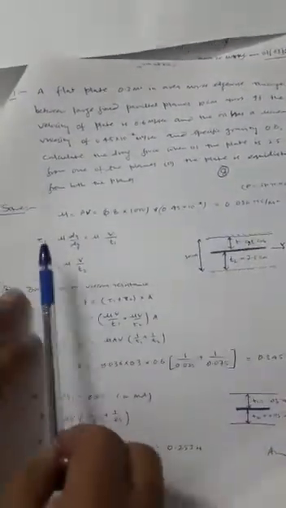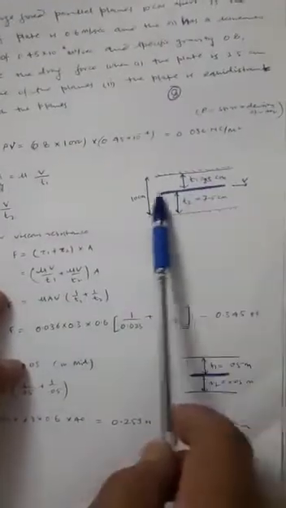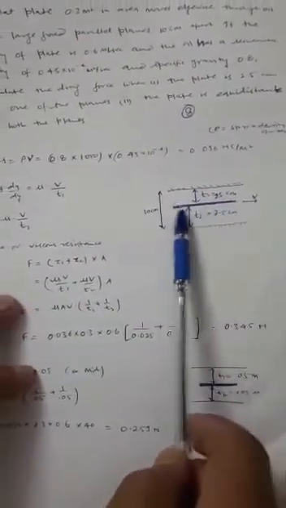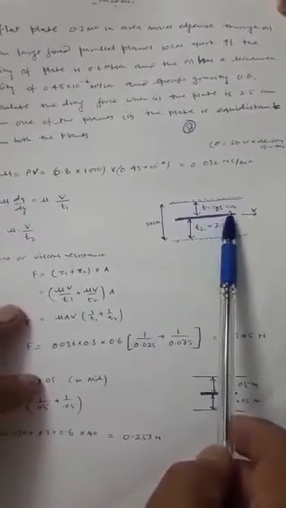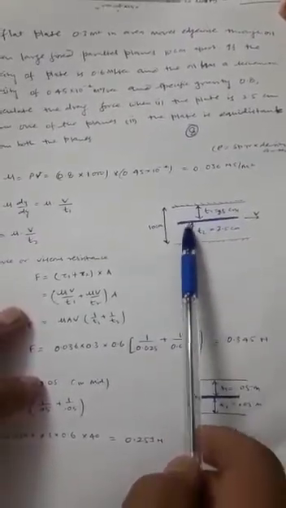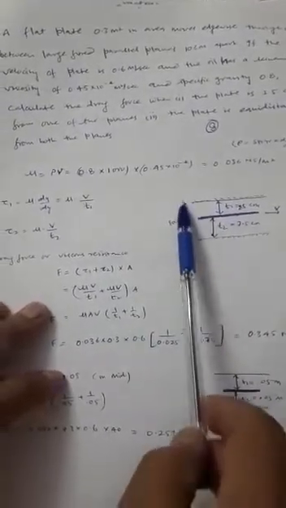We know that tau. This is the diagram. This is a plate. This plate has a distance from the upper layer of 2.5 centimeter. From the lower layer, it is 7.5 centimeter. Total distance between the two layers is 10 centimeter.